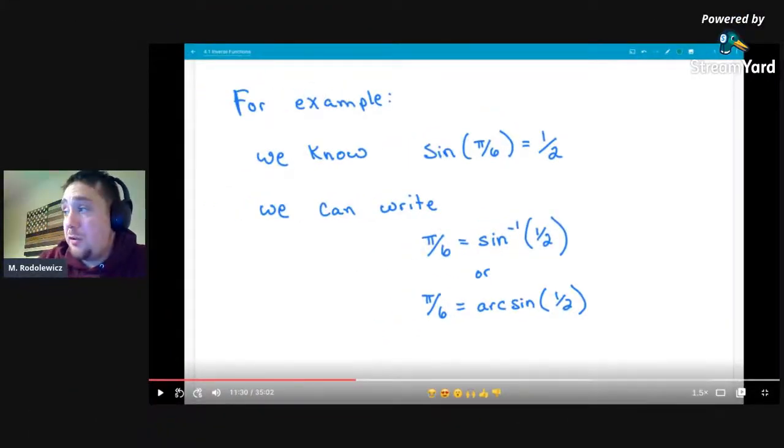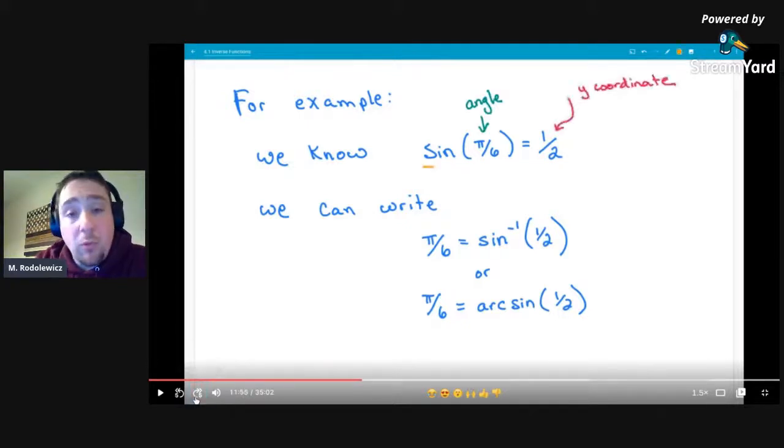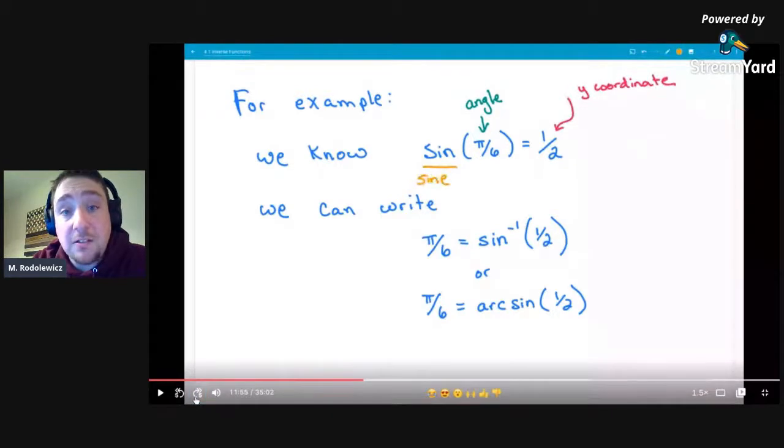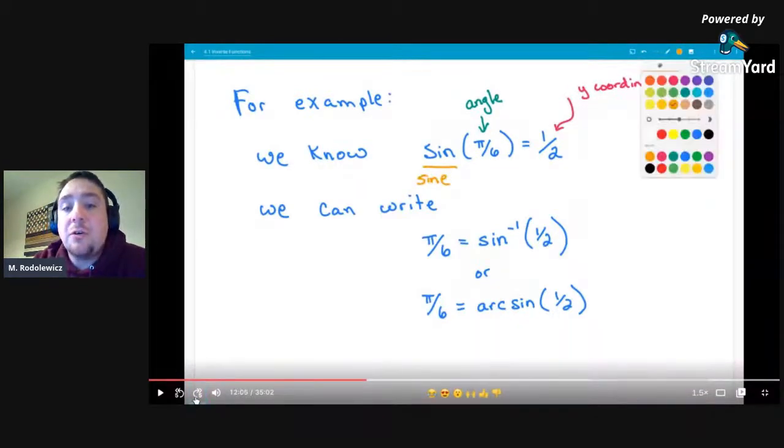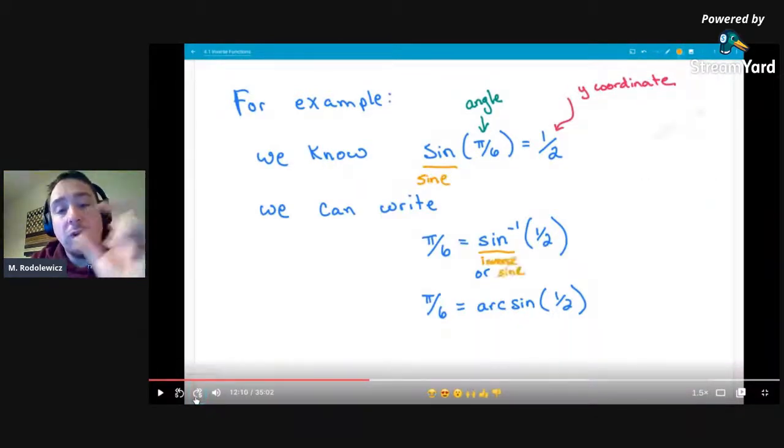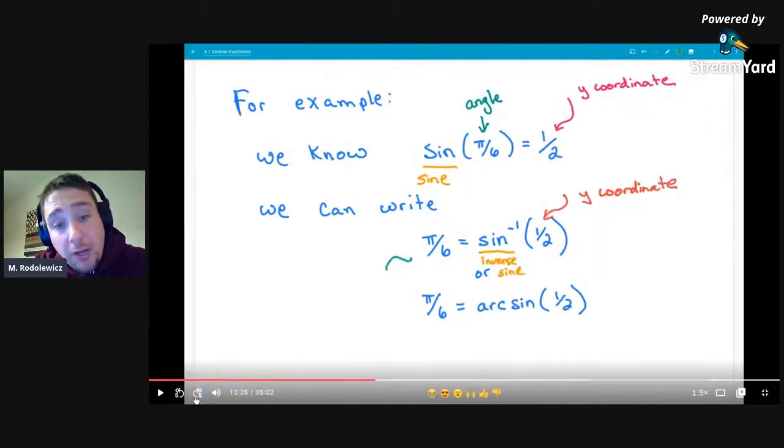So in the original line up here, the sine of an angle gives you back a y coordinate, and that's the sine function. So now the inverse interchanges those. So the inverse sine takes a y coordinate and returns the angle.